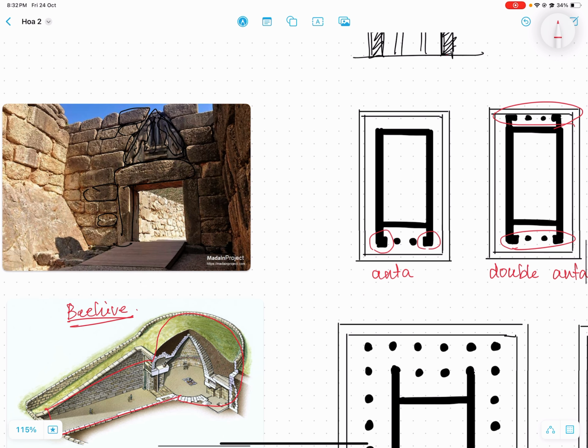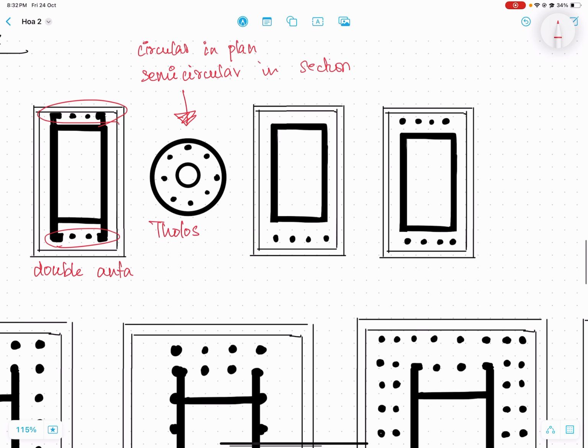Okay, by the way, this is our lion gate. Did I talk about it? Not sure. So this is our lion, and these are our trabeations, and then followed by corbelled arches. Okay, so we have tholos and freestanding columns in front of the facade.